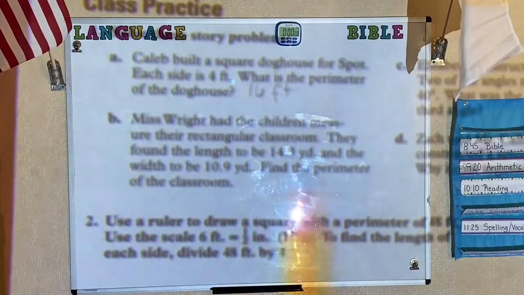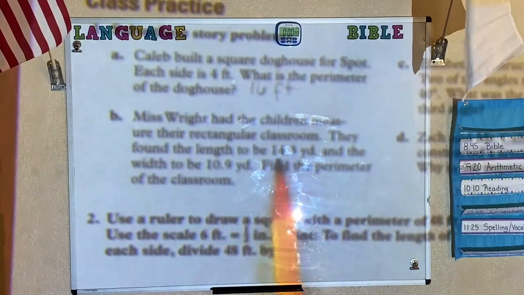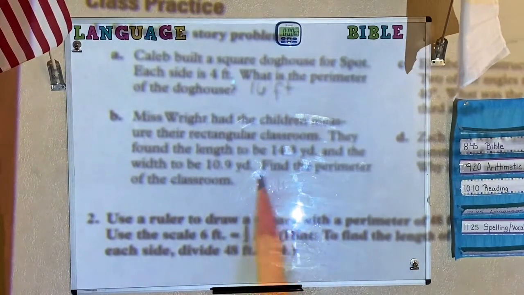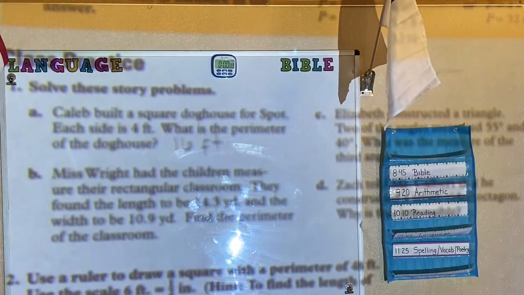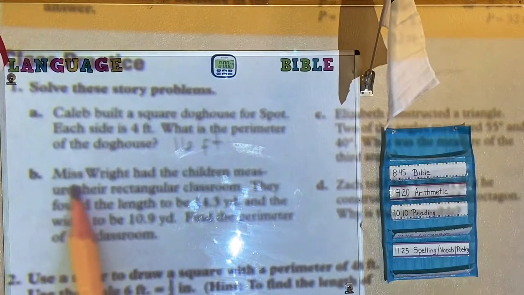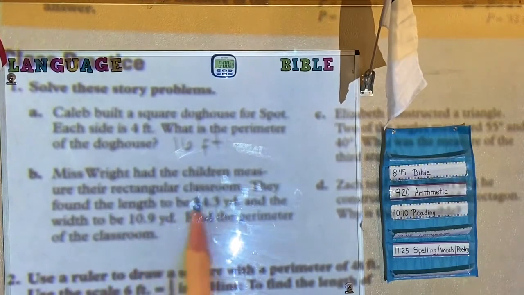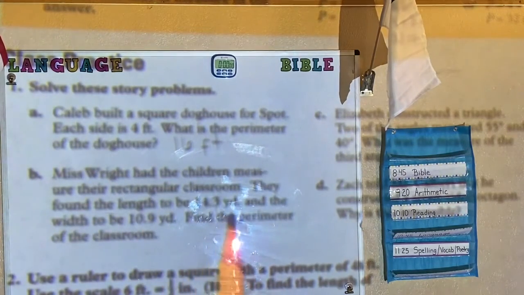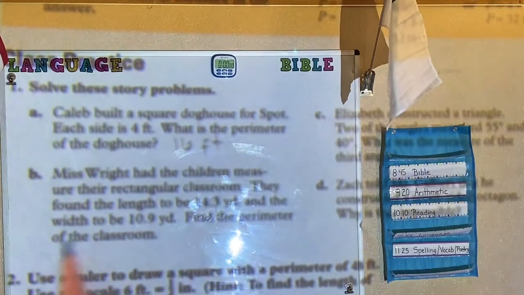Find the perimeter of the classroom. This is going to be a little bit different because it's not a square.